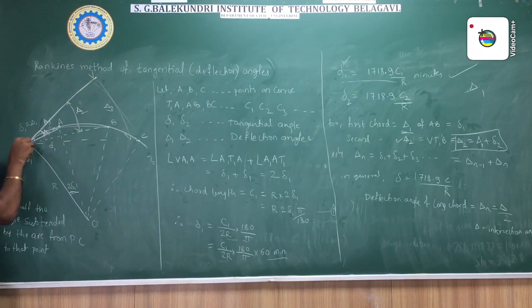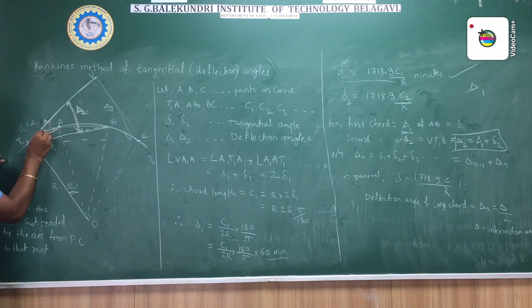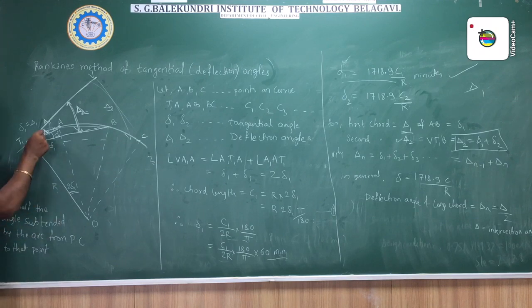This is the delta 2, the deflection angle with respect to the second chord, and it can be calculated by the previous deflection angle 1 plus the tangential angle 2, the previous deflection angle and the present tangential angle added together.